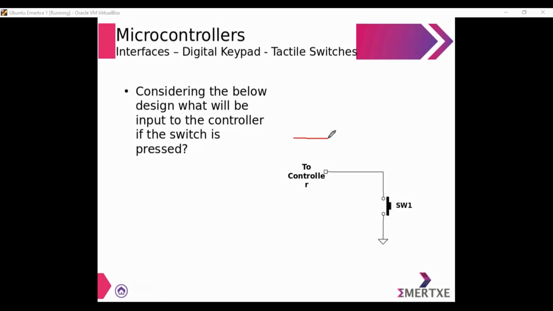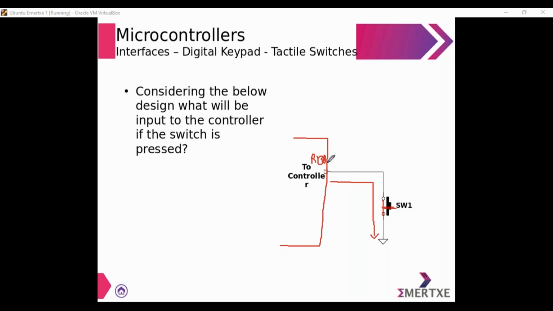Assume there is a microcontroller here. So this is the RB0 pin of your microcontroller. Now tell me, what are you going to read at this pin of the microcontroller whenever the switch is pressed like this? So if the switch is pressed or closed, what are you going to read at the pin of the microcontroller? So it's a 0, because current from the microcontroller will be flowing to the ground like this.